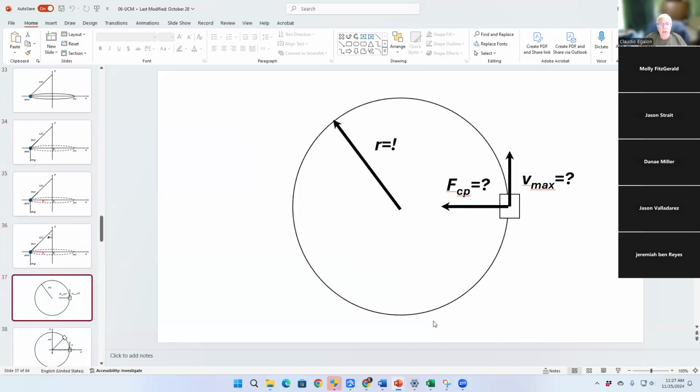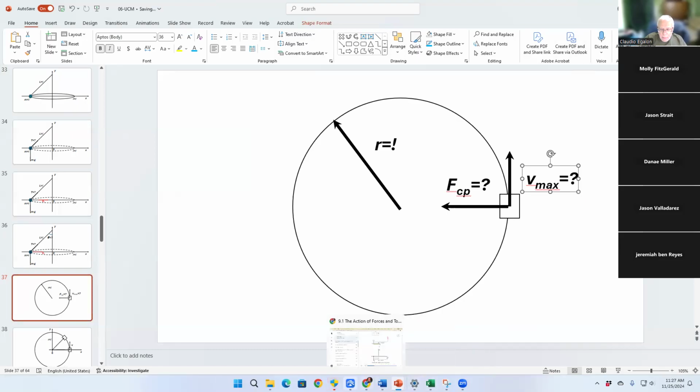Here's the case of the car in a circular track. Okay, and we want to know the maximum velocity that the car can go through this curve to negotiate the curve safely. So let's write that down here.